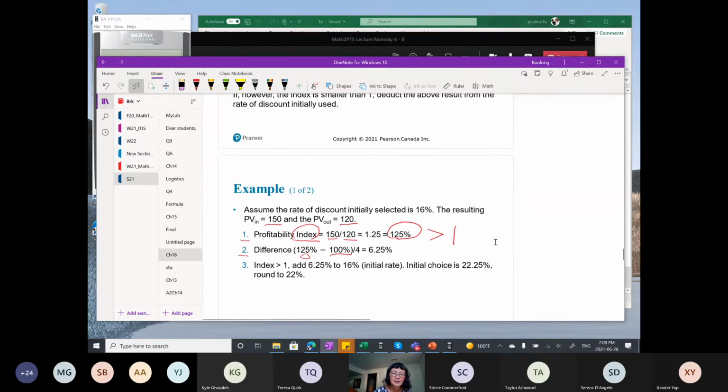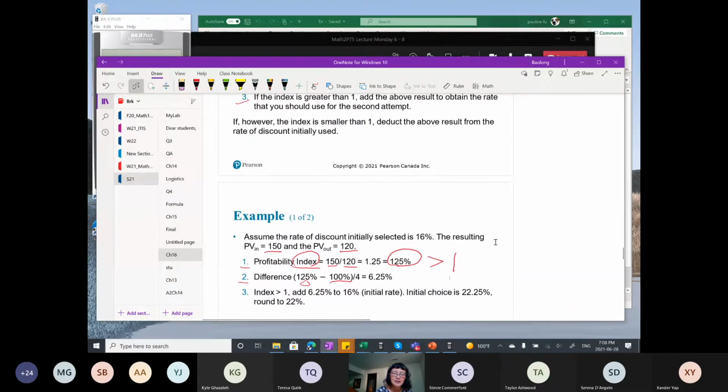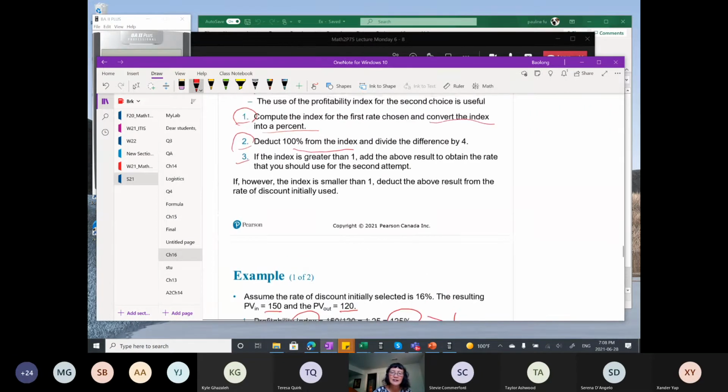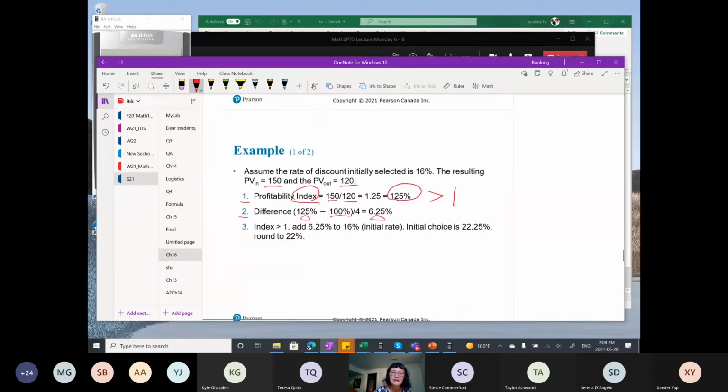So step 3, if index greater than 1, add this number 6.25 to the initial value. Initial value is given here, 16%, and you end up with 22.25%.